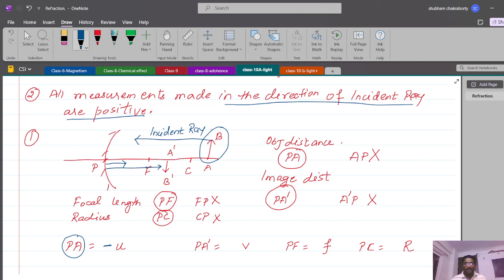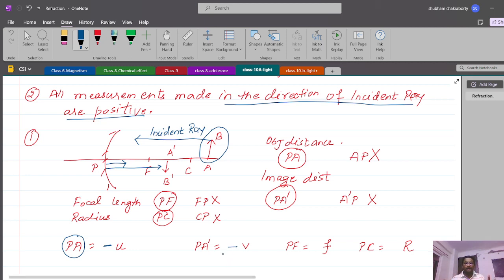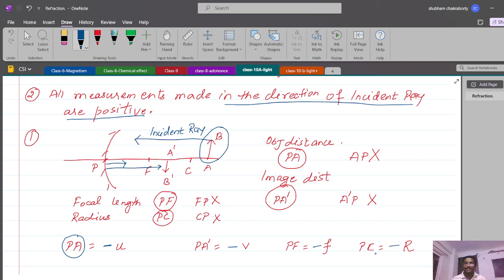Opposite direction, hence negative. What about the focal length? I hope you understand the pattern. PF, and the light is going in the opposite direction, so negative. And if the focal length is negative, the radius of curvature has to be negative. And tada, we've got the signs.